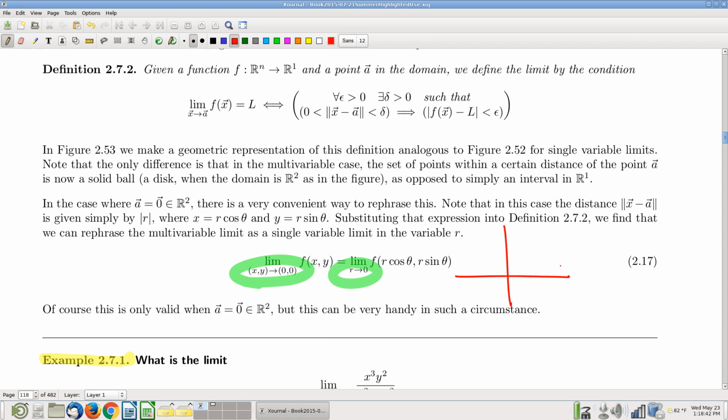Saying that x comma y is approaching the origin is equivalent to saying that this distance r is approaching 0. If r is approaching 0, that point has nowhere to go but the origin. And furthermore, if the point is approaching the origin, that r is going to have to approach 0.